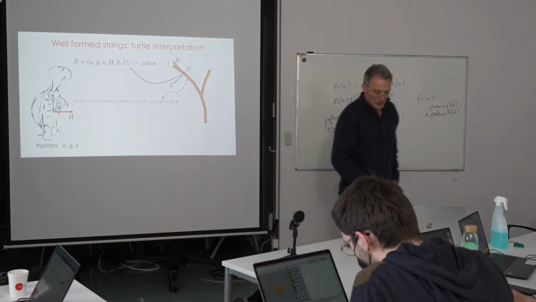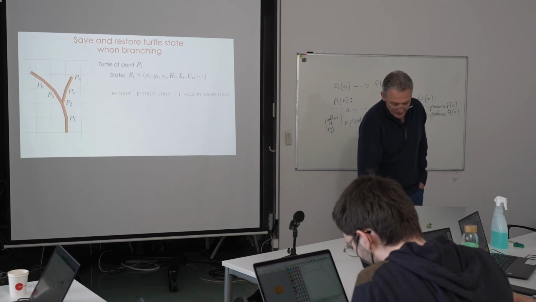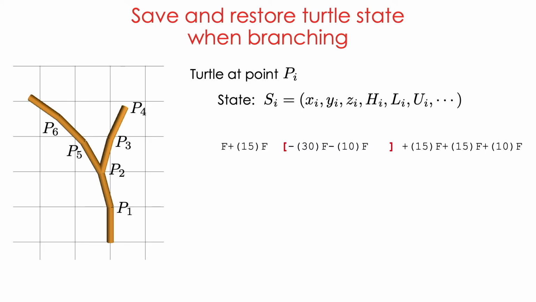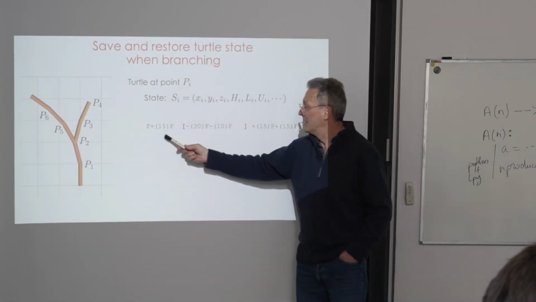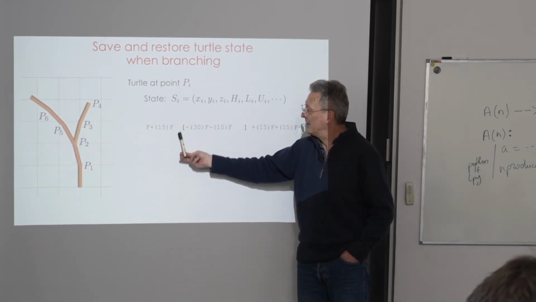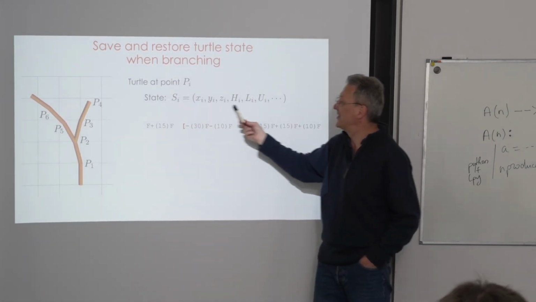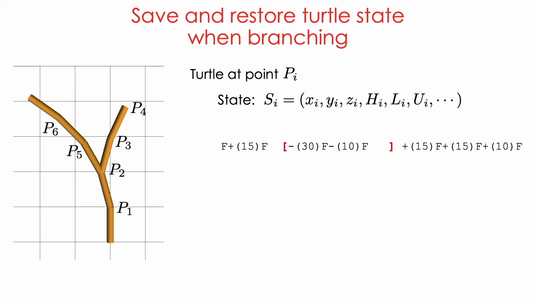Now, in order to make this branching system, the turtle will interpret the brackets in the following way. She has a state at a point i of the system. She has a state Si, which is the position, the HLU. And then she reads this. Assume that at this point she has this state. So what will occur is that the turtle will push the current state when she encounters the bracket.